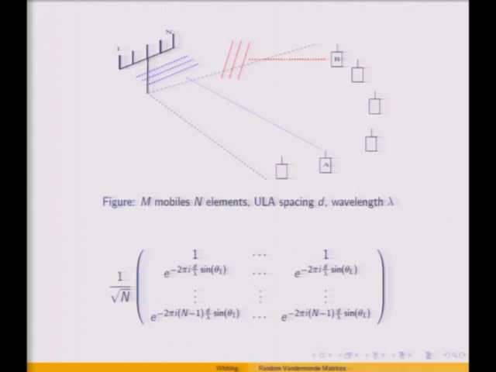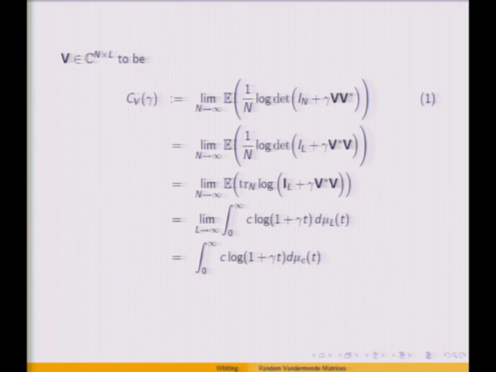So this is a Vandermonde construction again, but with this distribution thrown in here. So then we can show that in fact the limiting capacity of that network, we know that the limiting distribution exists from our earlier arguments.